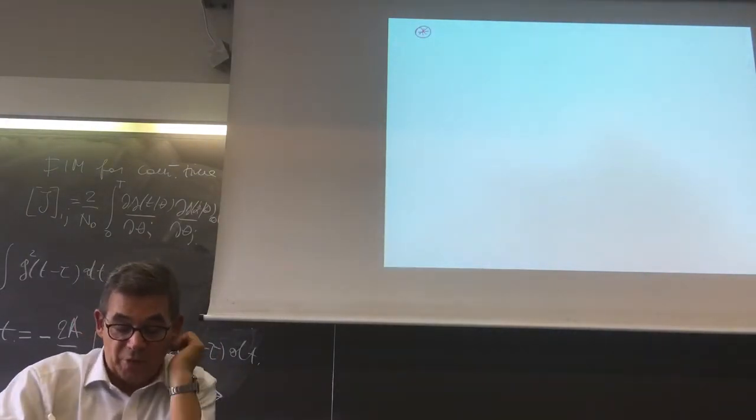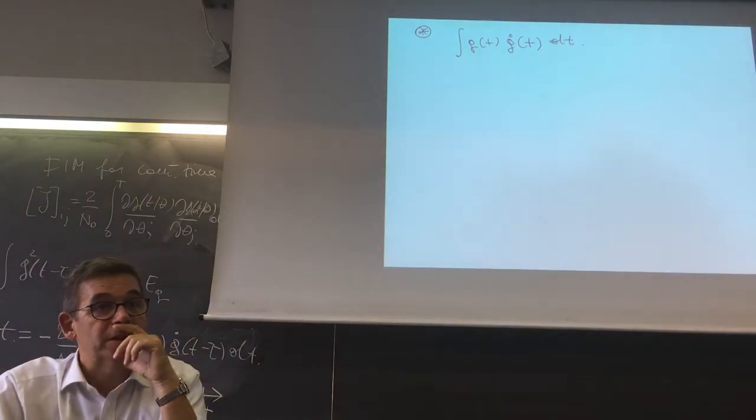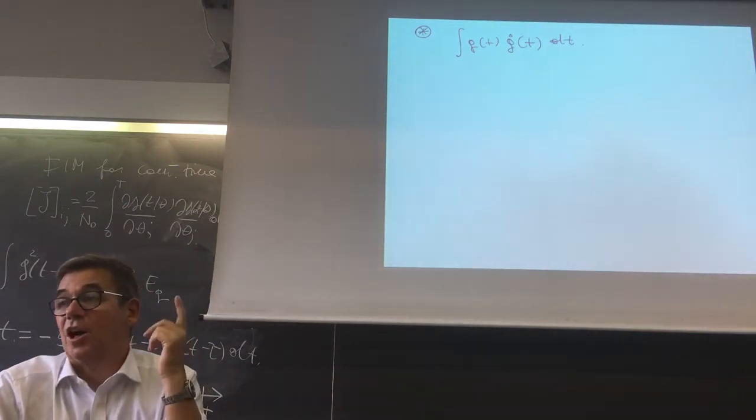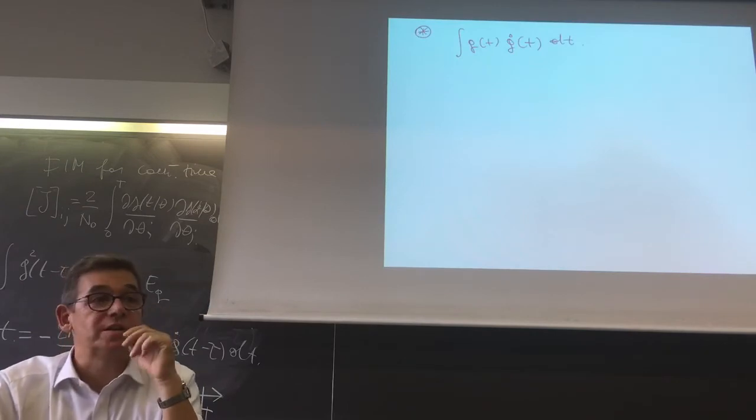Now, when I compute the integral of g(t) g prime(t) dt, I need to remember that if I calculate the integral of an odd function, it is 0.